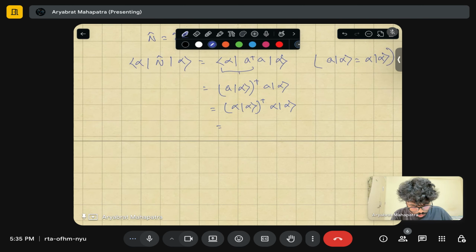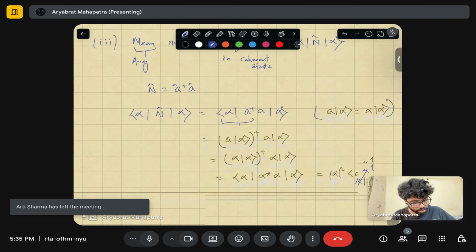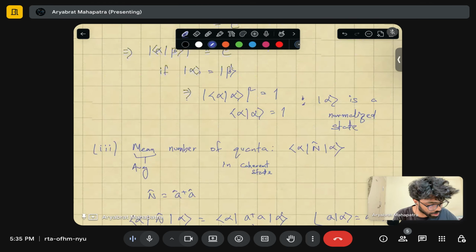So using this I have alpha star alpha and alpha. This basically gives me mod of alpha square and alpha alpha, and we know alpha alpha is 1, as we just saw moments back right here.